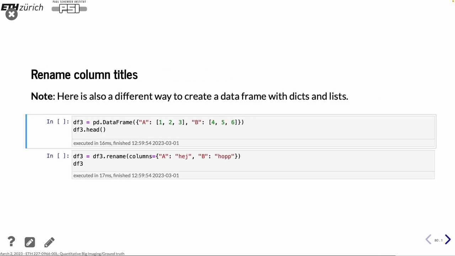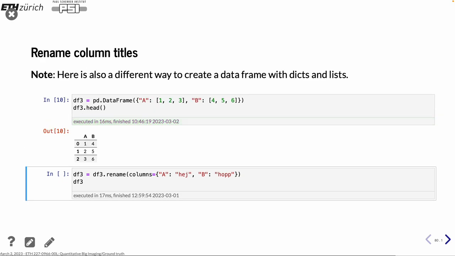Then we can, if we realize, oh, the column names I used were not good, so I want to rename them. So we have first our data frame here, which has the names A and B. And A and B doesn't tell anything, so we want to rename these columns, and then we have this rename function.